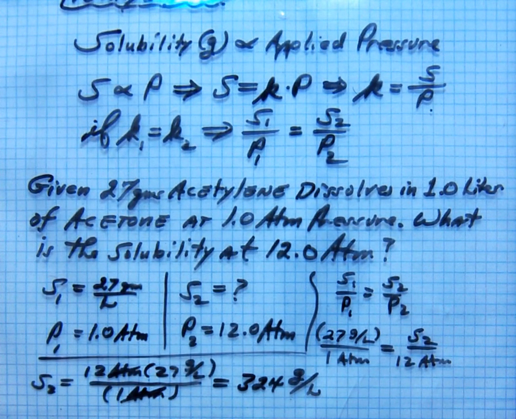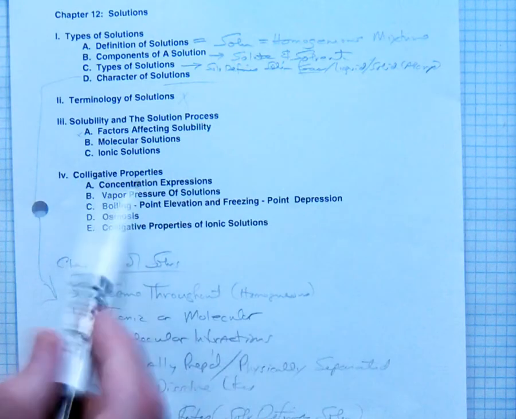Did everybody see that okay? All right. Now, the problem is acetone and acetylene, but I could change that to water and CO2 or anything. The mechanics of the problem is that you identify case 1, case 2, substitute, and solve for the unknown. That's very straightforward in my opinion, and you shouldn't have any problem.